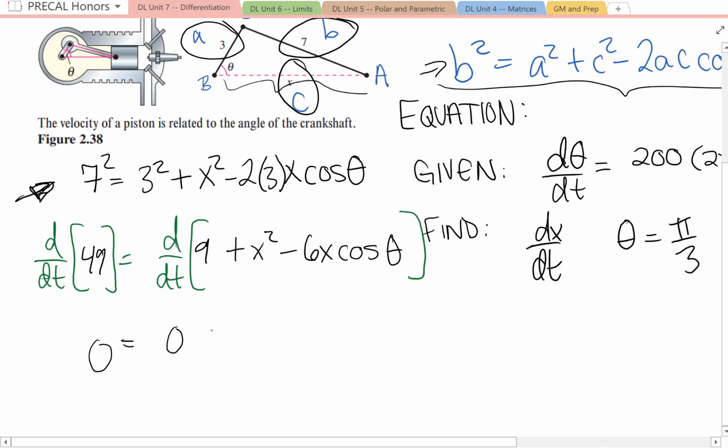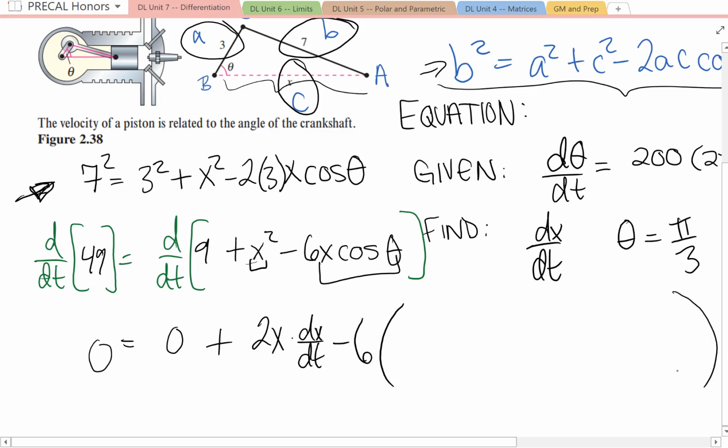The derivative of a constant is 0. Plus the derivative of x squared with respect to t is 2x times dx/dt, the derivative of the inside, minus 6 times the derivative of this product. We'll do f dg plus g df.